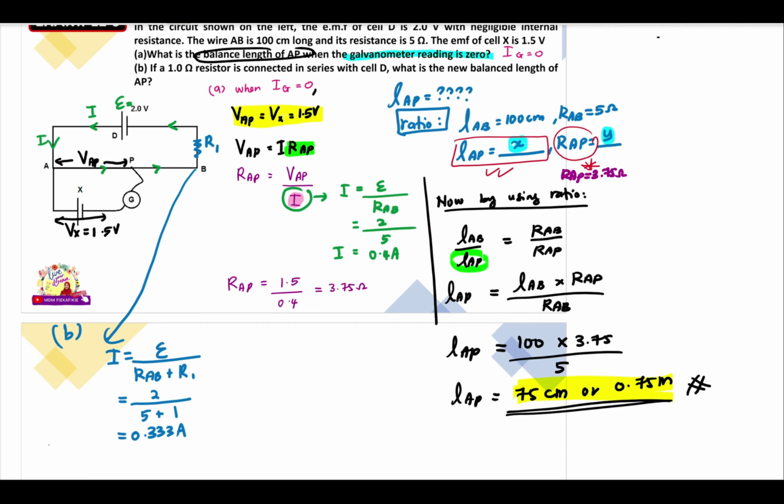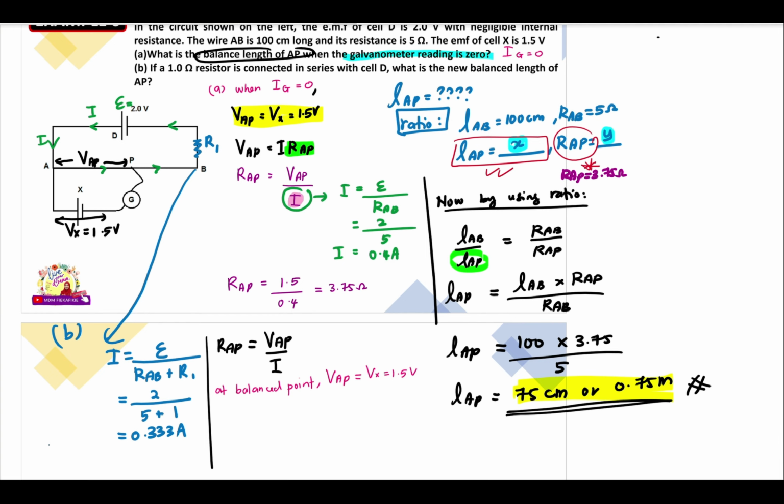Alright. So bila kita nak kira VAP, bila kita nak kira RAP, nak guna ratio tadi kan? Dia akan sama je. Okay, dia akan terus sama. RAP, dia akan jadi VAP over I. Okay, since at balance point, nilai VAP, okay, sama dengan nilai VX, iaitu 1.5 volt.